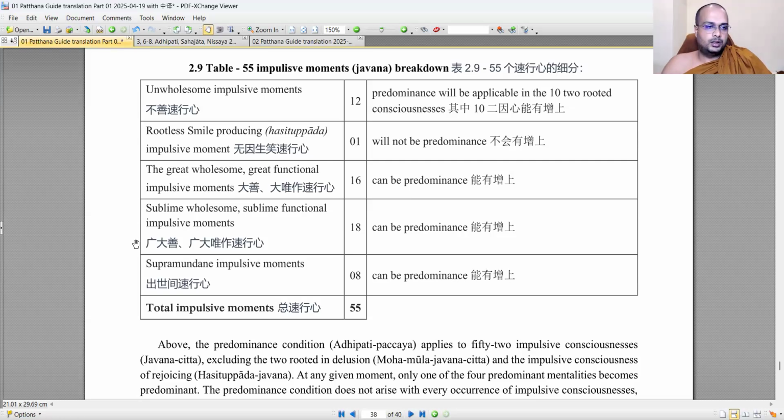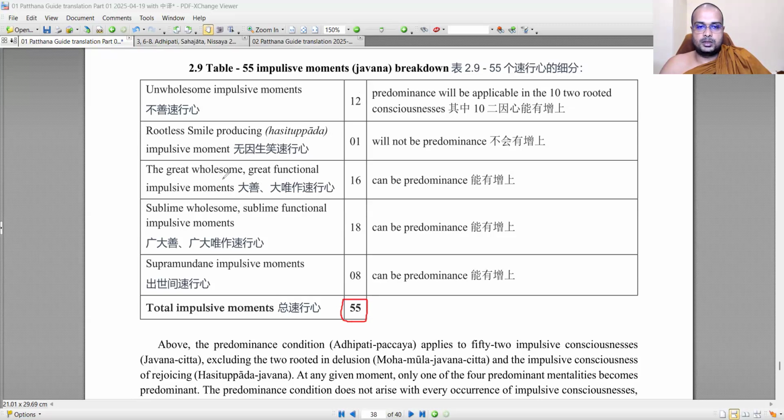Right. So we know from the Abhidhamma Sangaha that the javana types of consciousness, the impulsive moments, are 55 in total, right? But the predominance condition is only applicable in 52 of them. So when you go through them, we have the unwholesome impulsive moments, the akusala javana, 12, and the rootless hasituppada consciousness, the rootless mind-producing consciousness, we have 1 here.